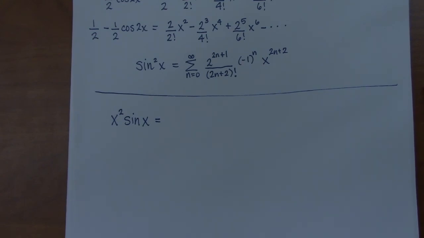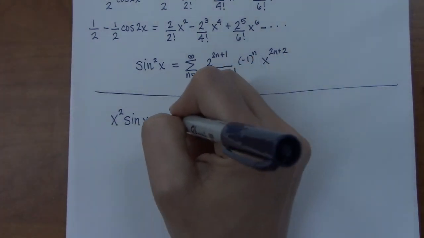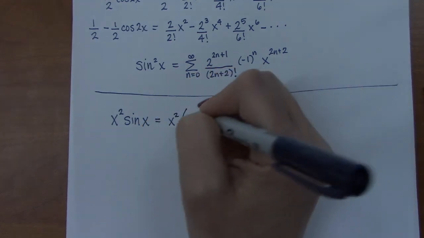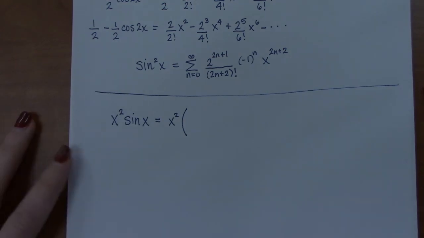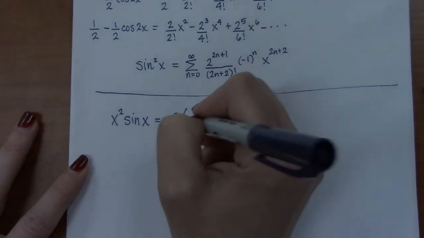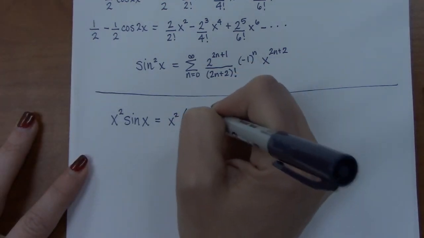If all you're multiplying up front isn't the same as sine x times sine x, but is x to some n value, an actual constant like x squared, well, we can say that is the same thing as x squared times our series for cosine. And cosine is an even function, so it returns all the even powers.